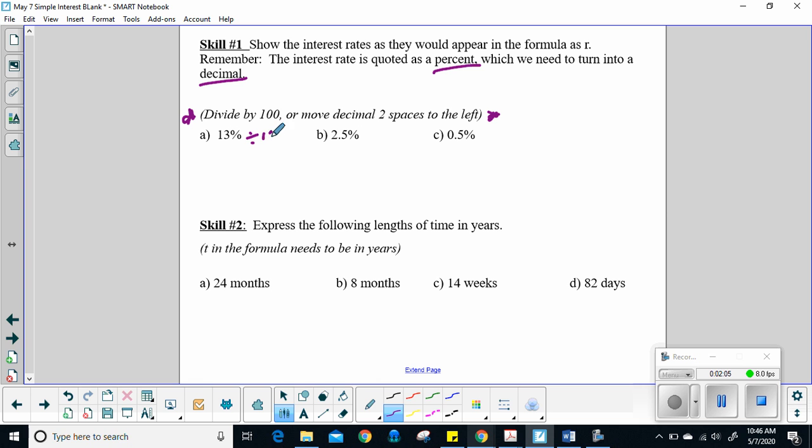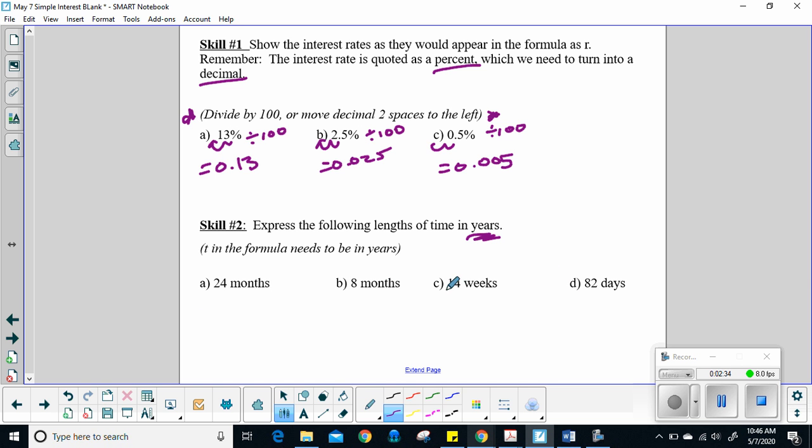So 13% gives you 0.13. 2.5% gives you 0.025. And 0.5% gives you 0.005.